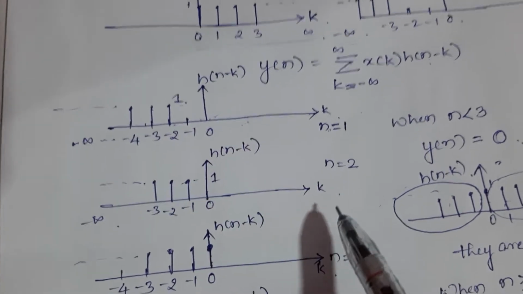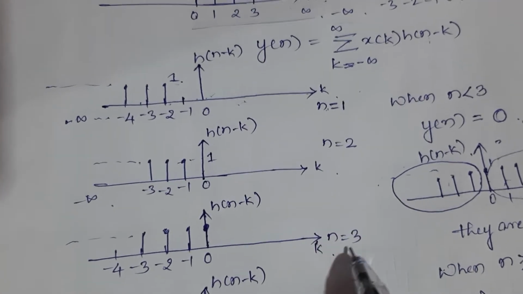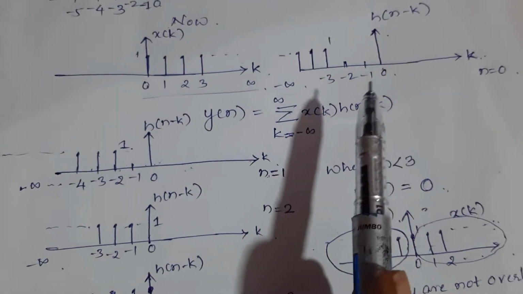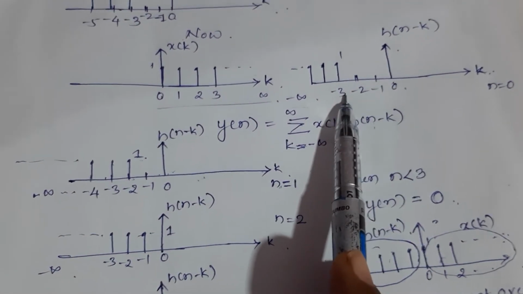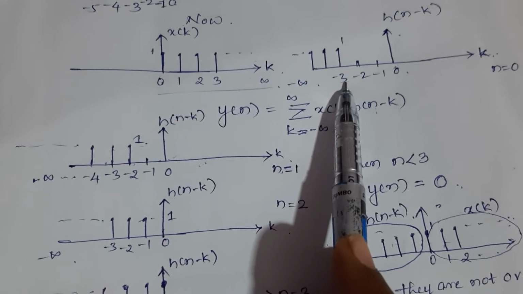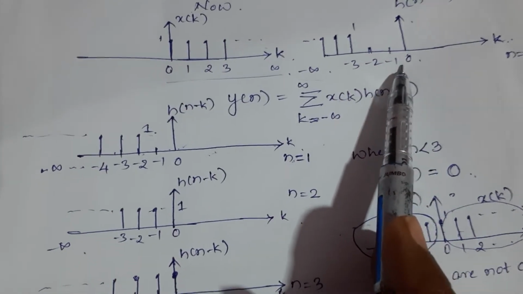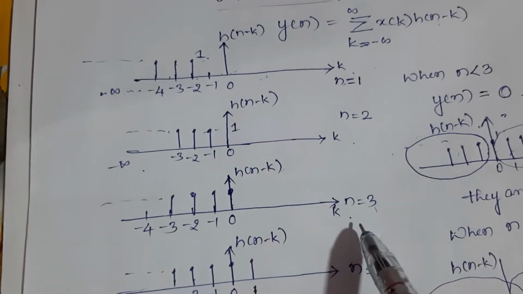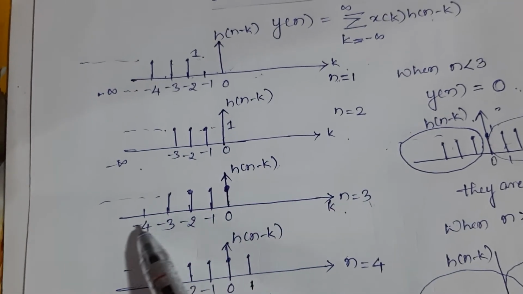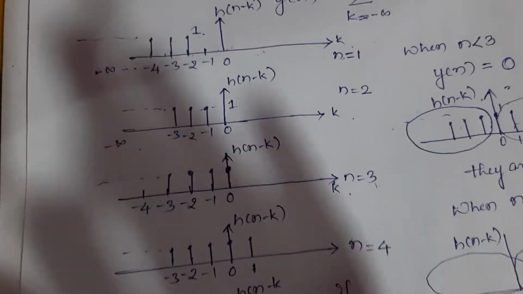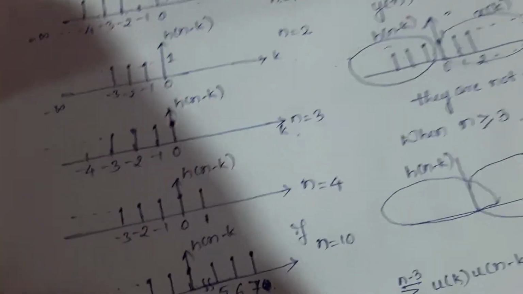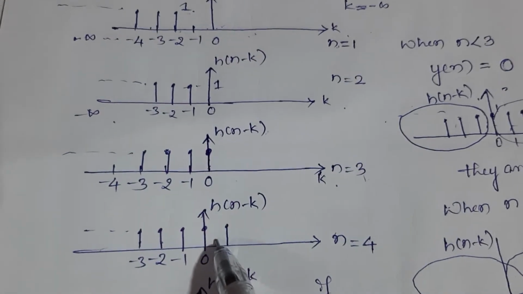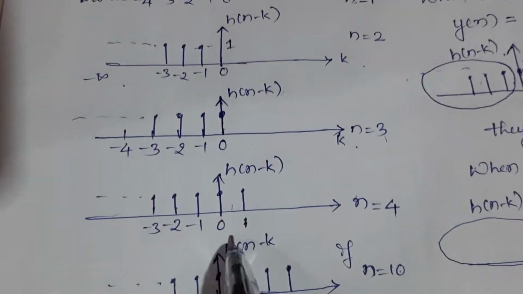Now let me take the value of n as 3. When I take the value of n as 3, this h of n minus k signal, which was starting at minus 3, now has this sample at 0. So the signal h of n minus k with n equal to 3 is in this way. Then I can take the value of n as 4 and so on.